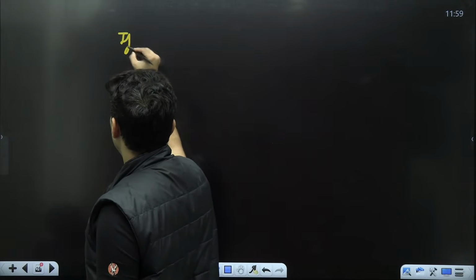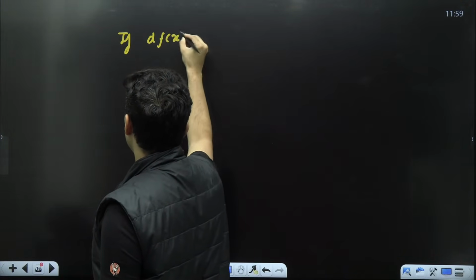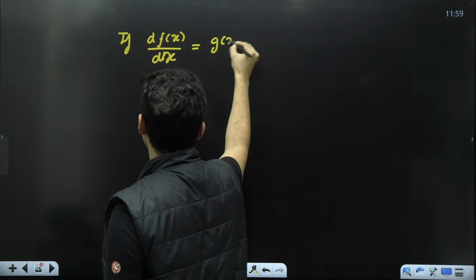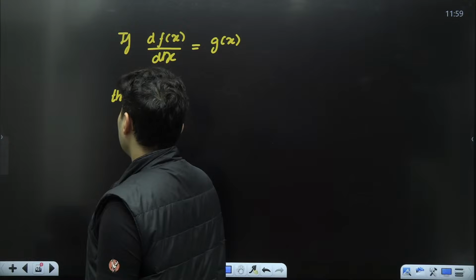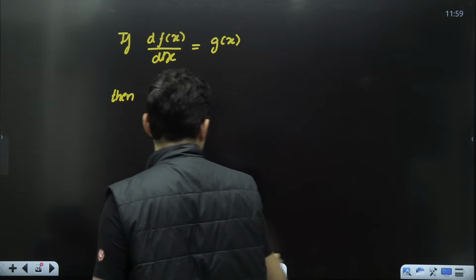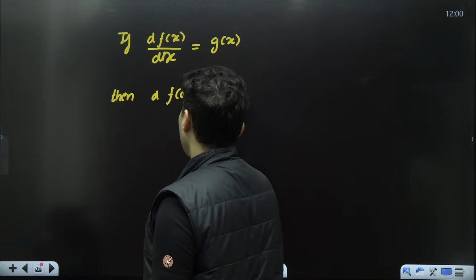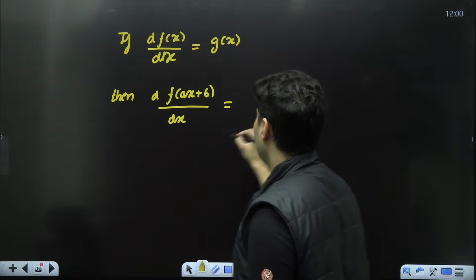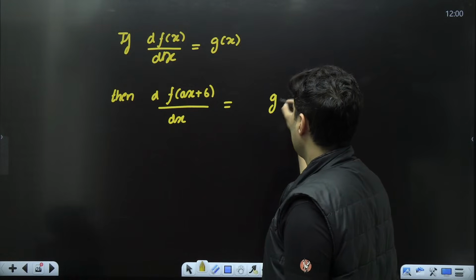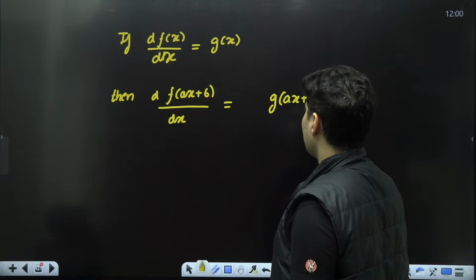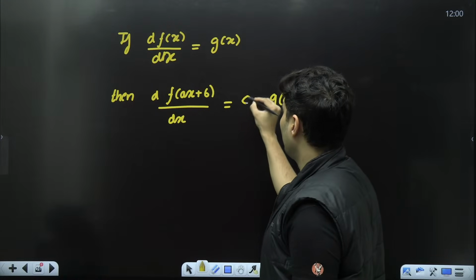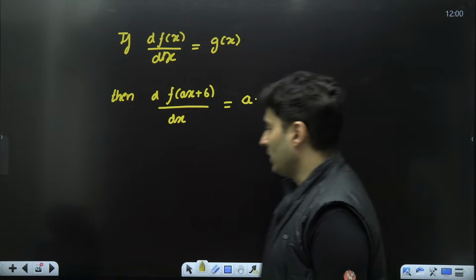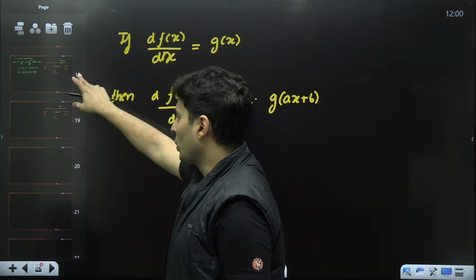If the derivative of some function with respect to x is g of x, then the derivative of a x plus b with respect to x is of this form: it is g of ax plus b. It's just that this number will come outside, and you will multiply it with a. That's the formula. So this is your ax plus b rule.